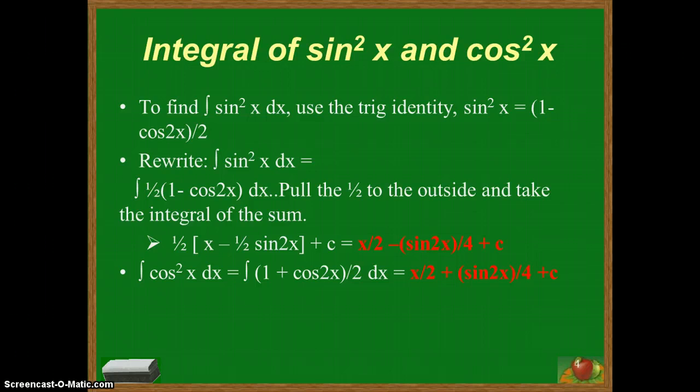Well, we use another trig identity that says cosine squared of x is equal to 1 plus the cosine of 2x, all over 2. And I have substituted that in here. You can see right here I've substituted it in.